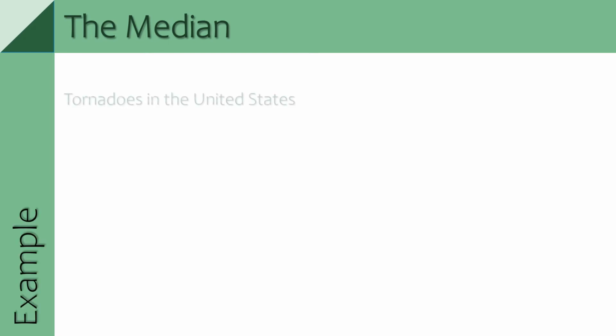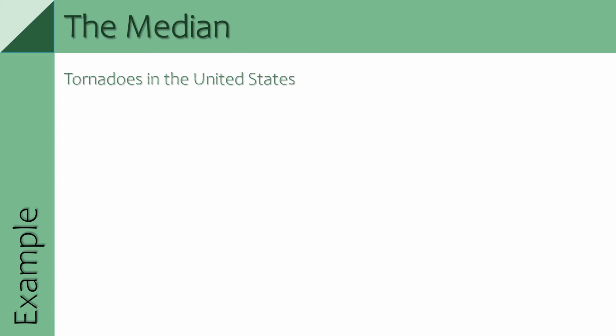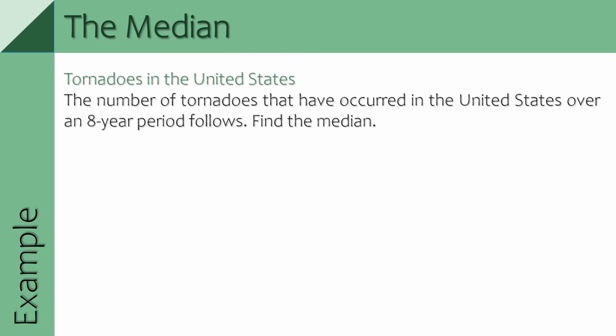Okay, next example, tornadoes in the United States. The number of tornadoes that have occurred in the United States over an 8-year period is as follows. Find the median.